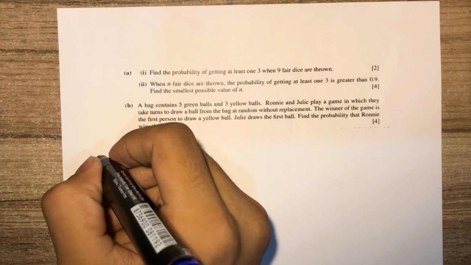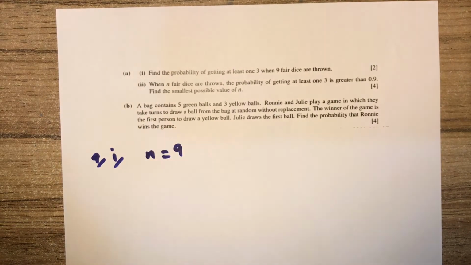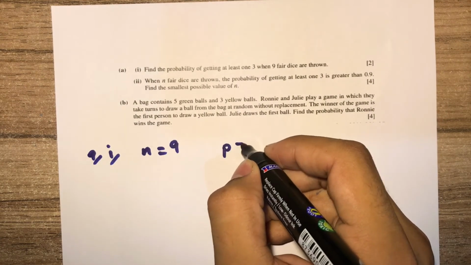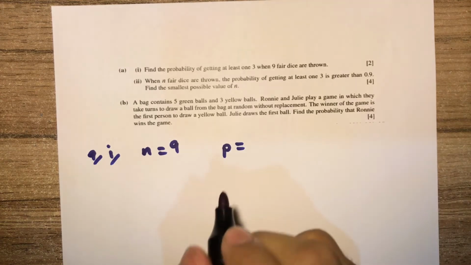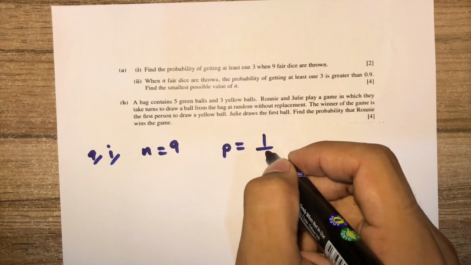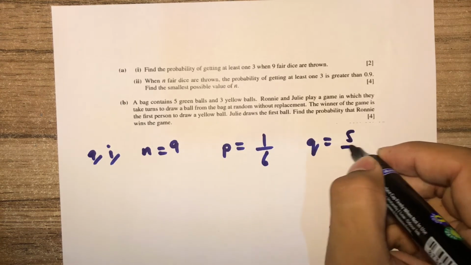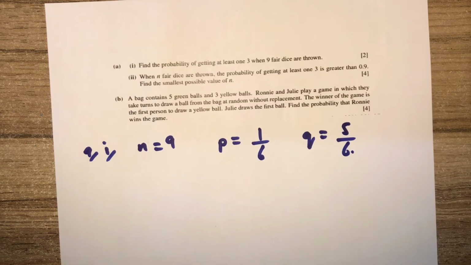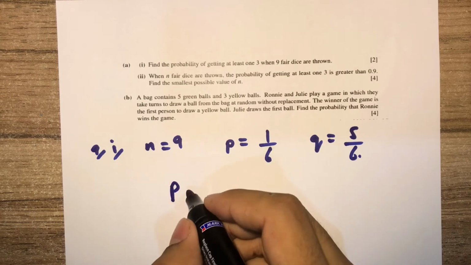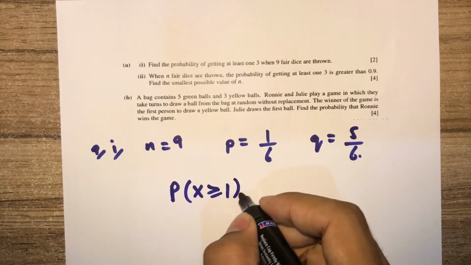Question, find the first part, find the probability of getting at least one 3 when 9 fair dice are thrown. So n equals 9 and we have to get a 3, so p will be, in a dice, the probability of 3 coming would be 1 over 6 and then the probability of failure would be 5 over 6. Now we have to find the probability of getting greater than or equal to 1.